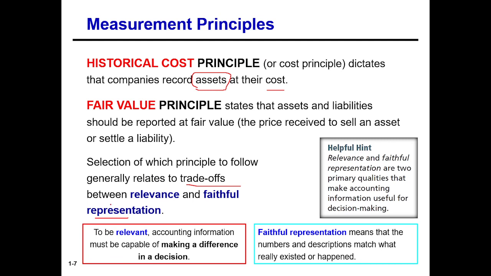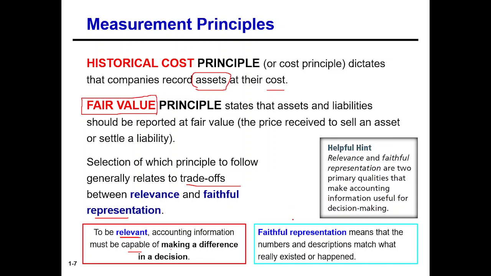If we are seeking relevance, what do we mean by relevant? Relevant information is information that is capable of making a difference in a decision. If I have information that can make a difference in the decision, we can say it is relevant information. So in this case, if my goal is relevance, I will surely look for the fair value, because it is the price of the asset today, or now.